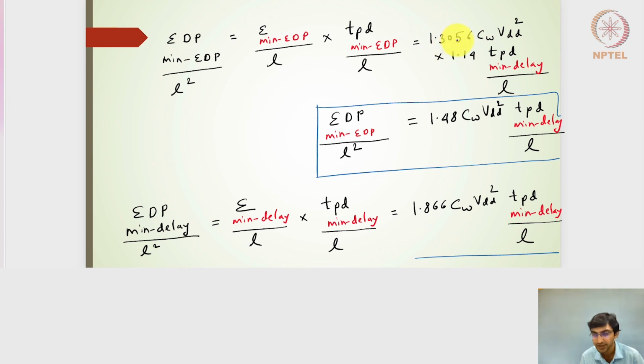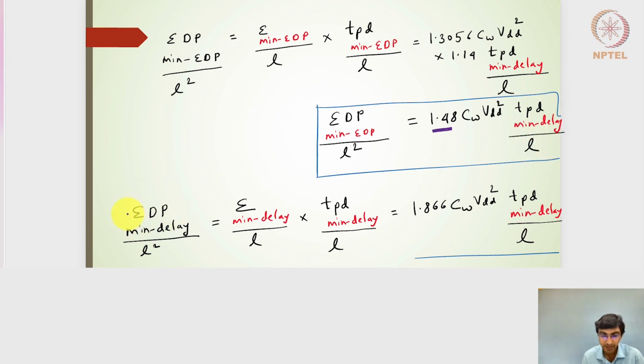It turns out to be 1.3056, whatever we calculated earlier, multiplied by 1.14 TPD for the minimum delay per L. If I do the multiplication, I'll get 1.48 CW VDD square, TPD for the minimum delay divided by L.